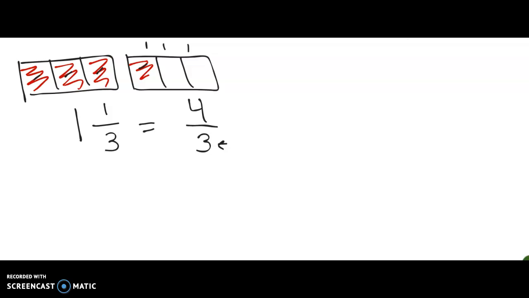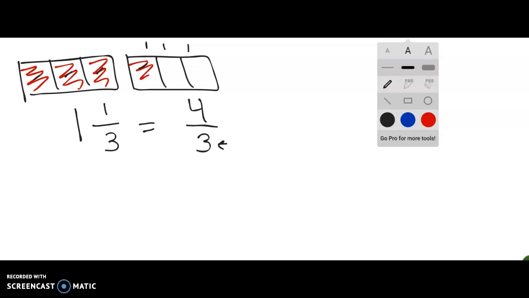So now I'm going to draw a shape and I want you to pause the video and find both the mixed number and the improper fraction. So here is your shape.